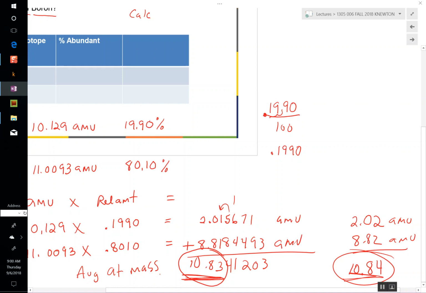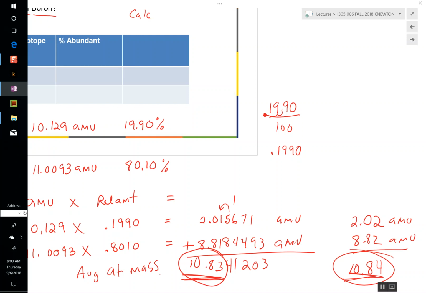So 2 things to keep in mind here. Number 1, this number is being derived from the various isotopes of the element that exist in nature. And it is weighted according to abundance.